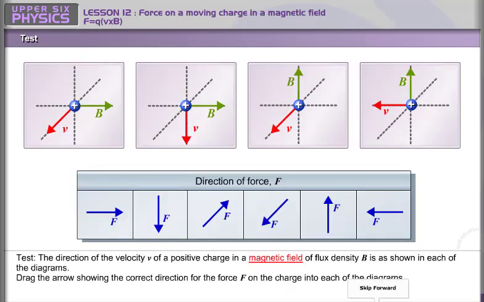Test. The direction of the velocity v of a positive charge in a magnetic field of flux density B is as shown in each of the diagrams. Drag the arrow showing the correct direction for the force F on the charge into each of the diagrams.